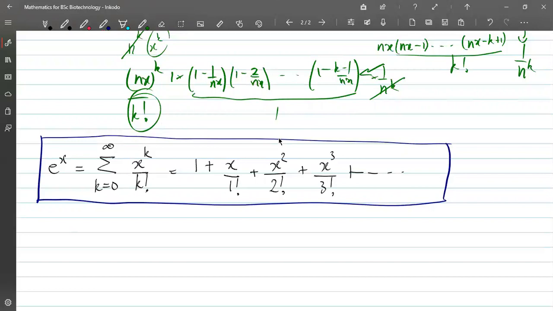So we have defined e to the power of x as a function using e and raising it to the power of x, but it also has a different expression in terms of an infinite series. This is a so-called power series. Power series because each term has a power of x in it with some constant. So this is called a power series in general. This particular power series is the series corresponding to the function e to the power of x.